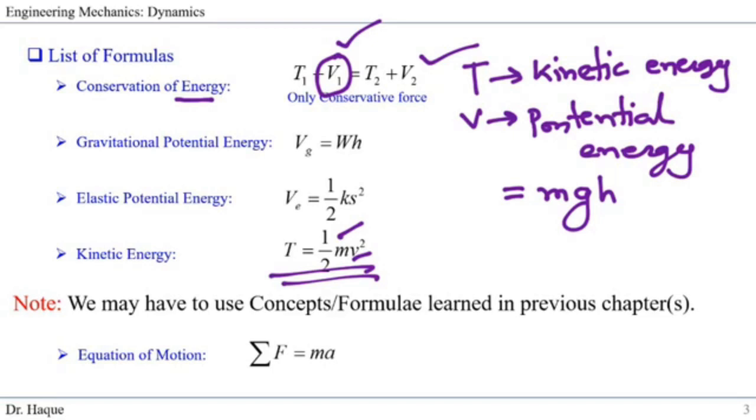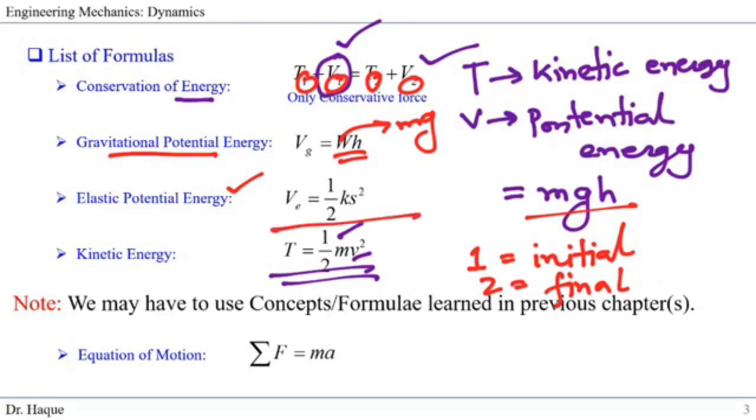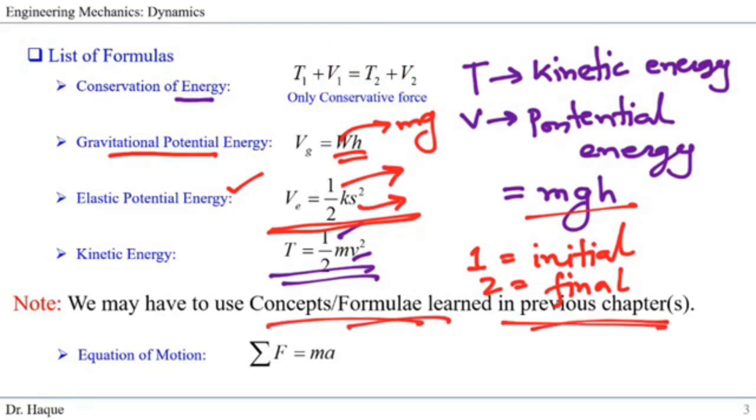So what do we mean by 1 and 2? 1 represents an initial condition, and 2 the final condition. It could be A, B, or any point. If you have a spring in your problem, you have to use the elastic potential energy, which is half k s squared, where k is the spring constant and s is the distance.